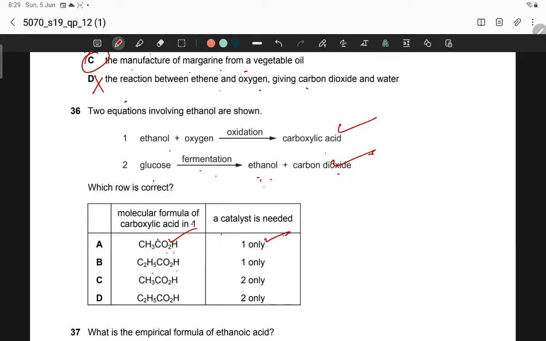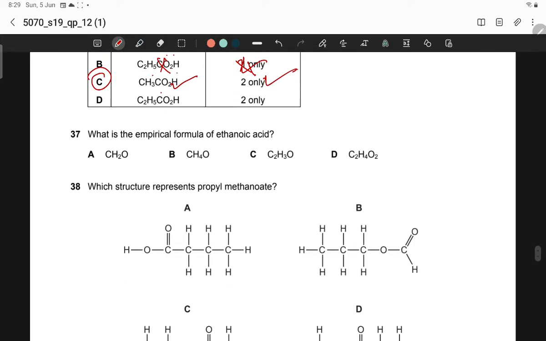C2H5CO2H. Ethanol. Acid in 1, wrong. CH3CO2H, a catalyst is needed. C. A catalyst is needed in the second reaction. C is the correct option.